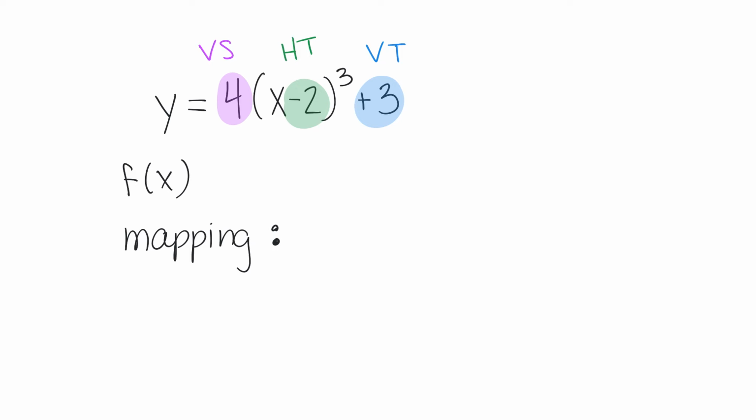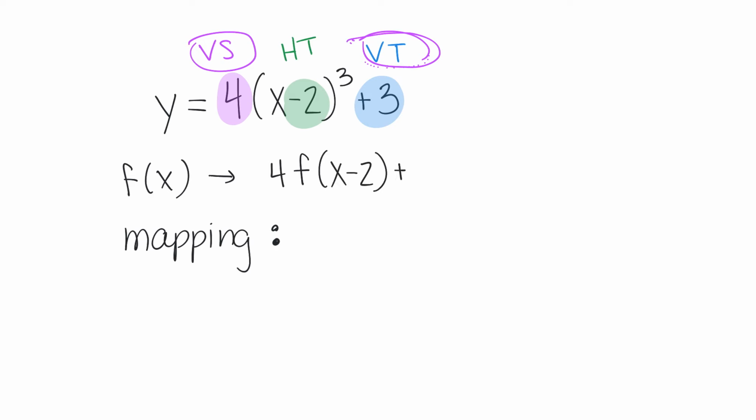So that means all of my verticals are going to happen to the y, and my horizontal is going to happen to the x in my mapping notation. But let's start with f of x. We're going to rewrite this as 4 f of x minus 2 plus 3.